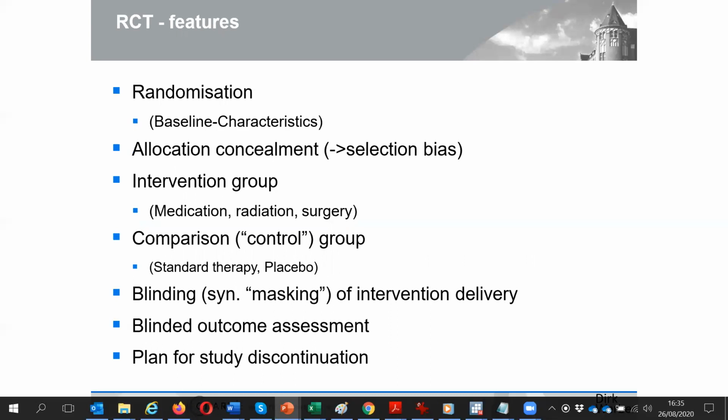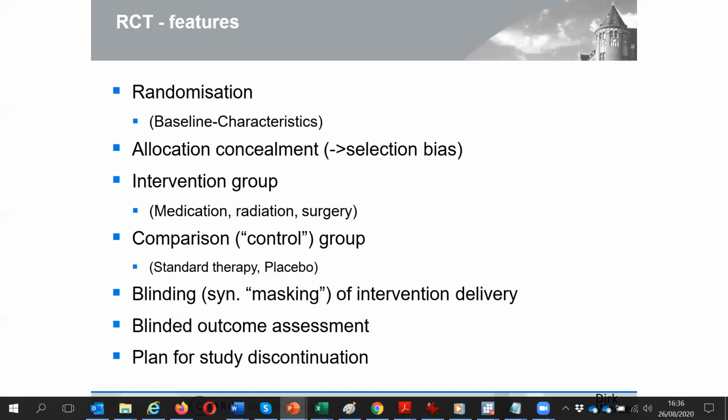What are the features of randomized clinical trials? As I said, there's randomization. We are going to discuss this in the coming lectures, where we discuss confounding.